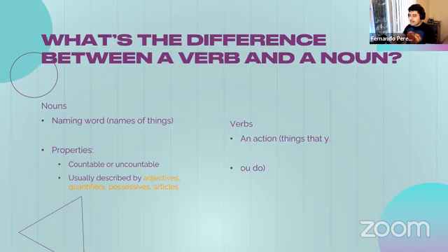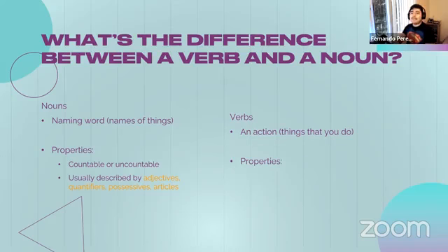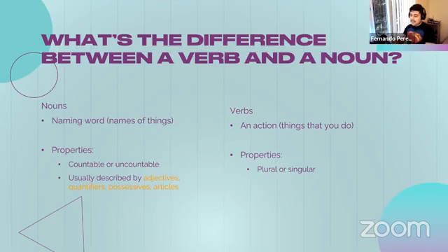On the other side, verbs have different properties as well. They can be plural or singular. What do you mean with plural and singular? Well, if I say, I do, they do, we do, and you do, this particular conjugation is considered plural.